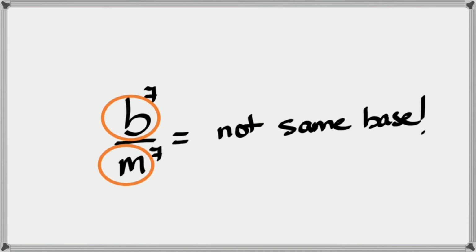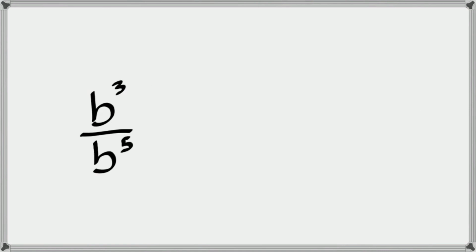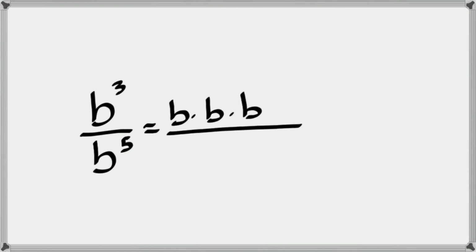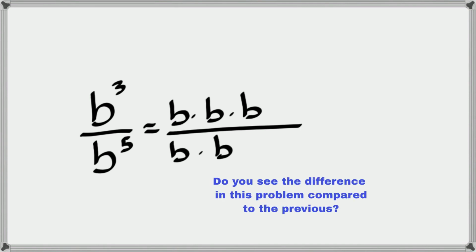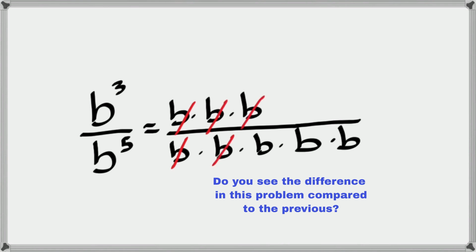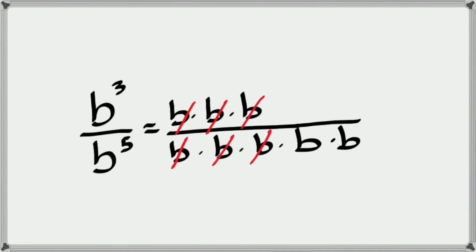Finally, take a look at this expression. B third, in this case, now there's fewer common b's, whereas on the bottom in the denominator, we have 5. So when we subtract 3 and 5, you're still canceling common b's, but the leftover is now in your denominator.